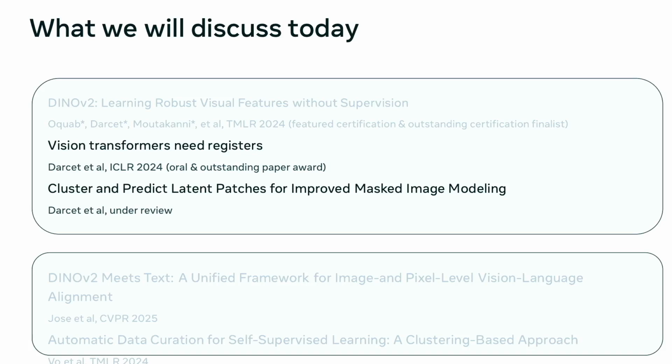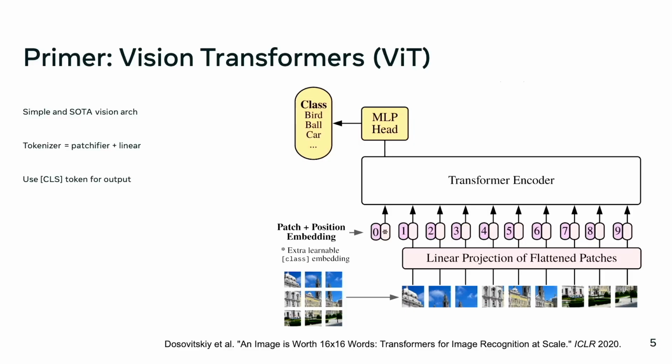Now, before we start discussing why vision transformers need registers, a bit of context. What is a vision transformer? Very simple. A vision transformer is one architecture to do vision tasks, often things like classification, and it works very well. If you know transformers in NLP, it's very similar. The idea is that you have an image and you cut it up into patches.